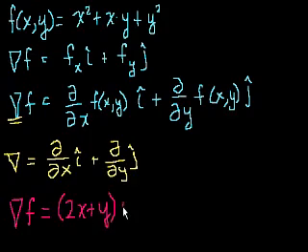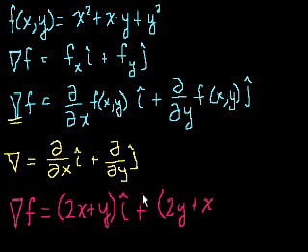And we multiply that in the i direction, or in the x direction, plus the partial with respect to y. And this is 2y plus x. And we calculated this in the 2 videos on the partial derivatives. And we multiply that in the j direction.